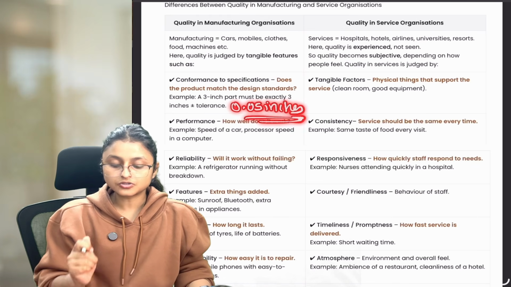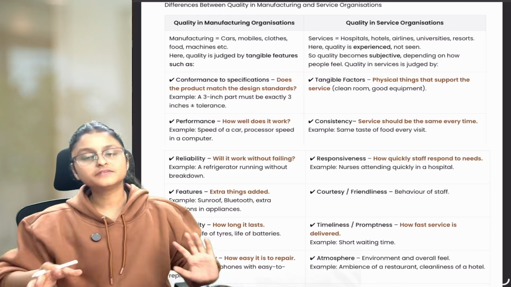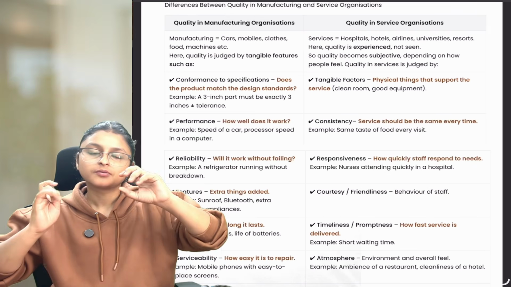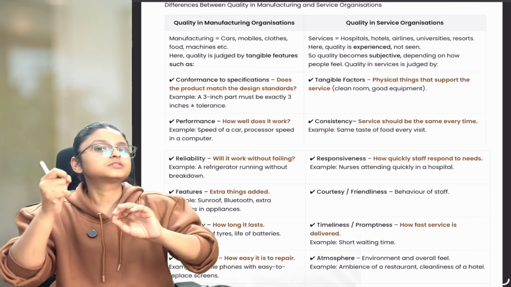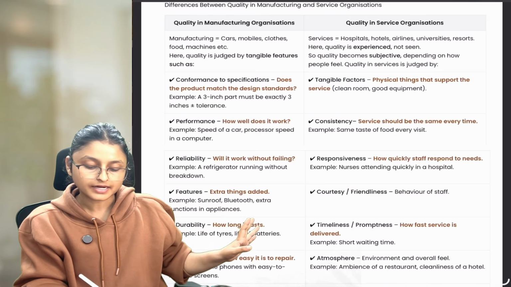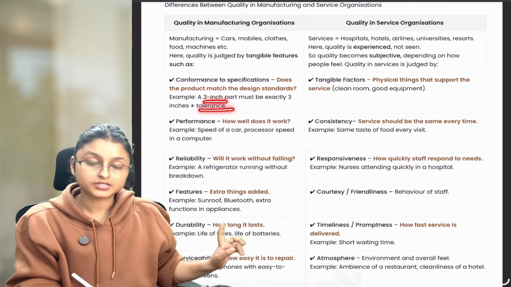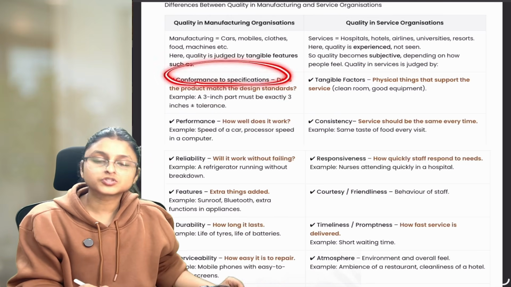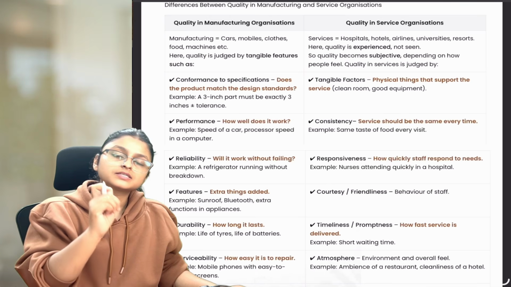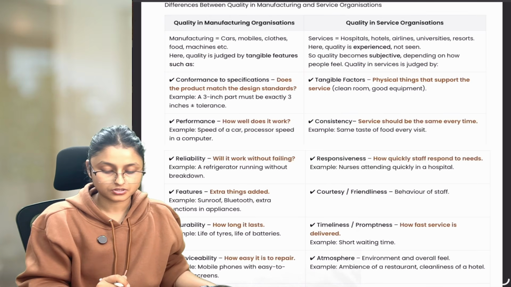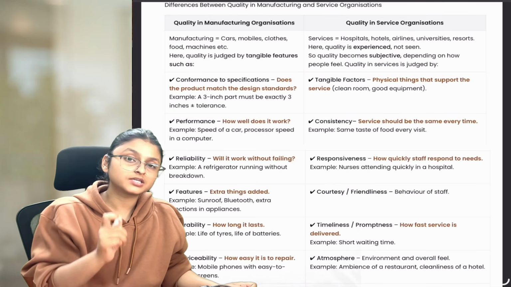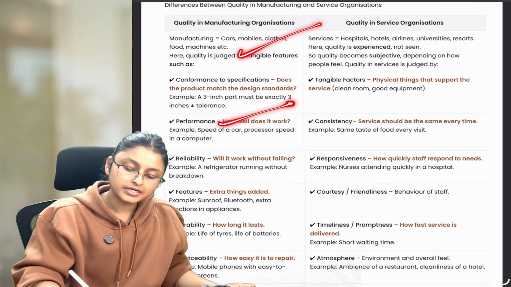So this is the tolerance limit. Mostly we set some tolerance limit because products can have some differences between each other, and that is why the tolerance limit is added. So conformance to specification means achieving the standard set by the organization. On the basis of it, if the product is able to achieve that standard, we'll treat it as a quality product.